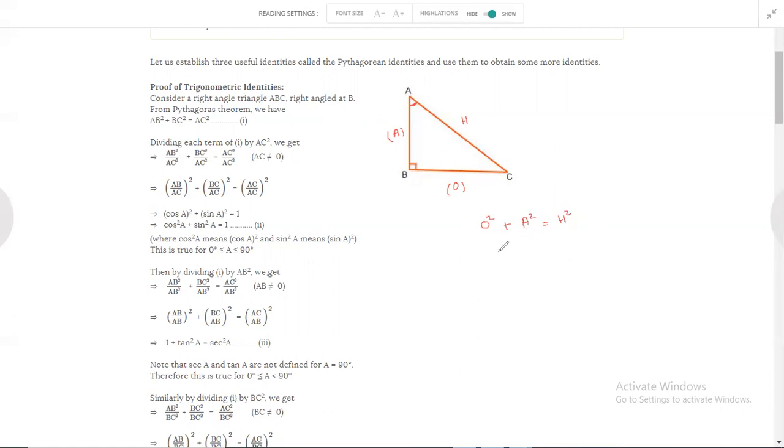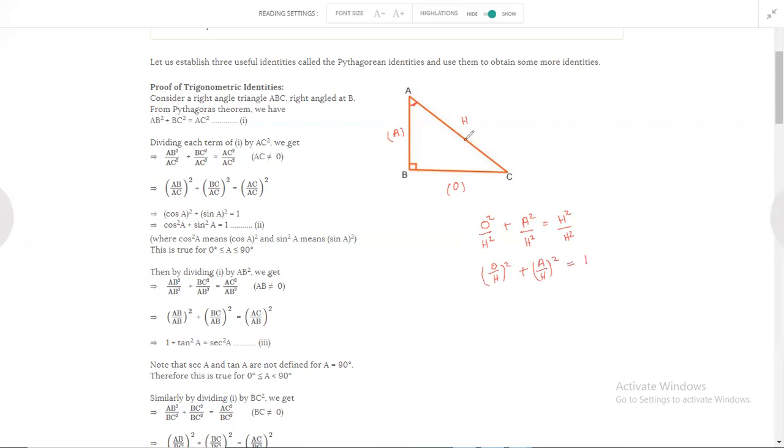Now divide throughout by H square. So O square by H square plus A square by H square is equal to H square by H square. That is (O by H) the whole square plus (A by H) the whole square is equal to H square by H square, which is 1.